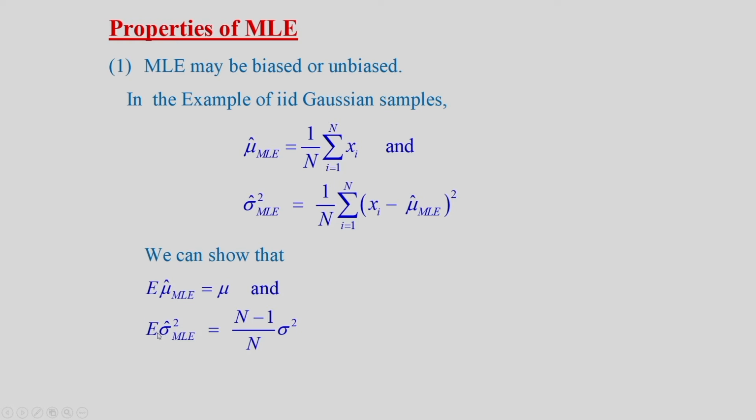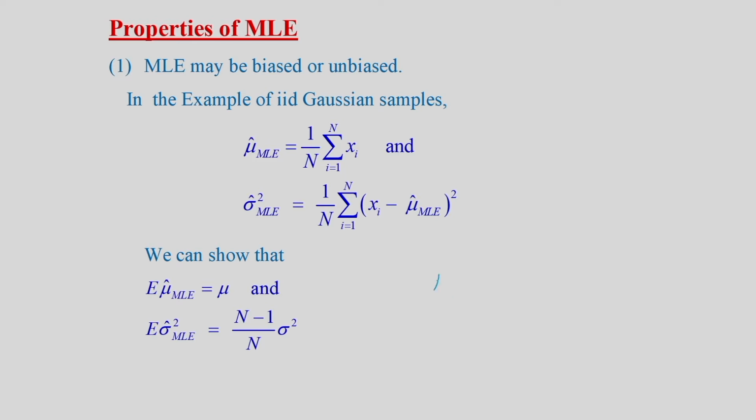Now, if I take the expected value of sigma hat square MLE, in the same way I can expand this and take the expected value, and I can show that it is equal to n minus 1 divided by n times sigma square. This is not equal to sigma square, therefore sigma hat square MLE is a biased estimator.